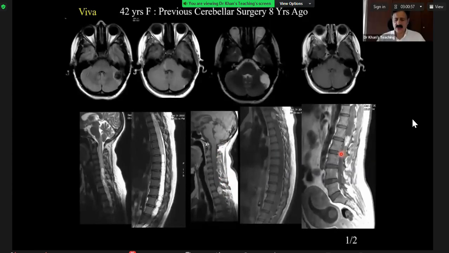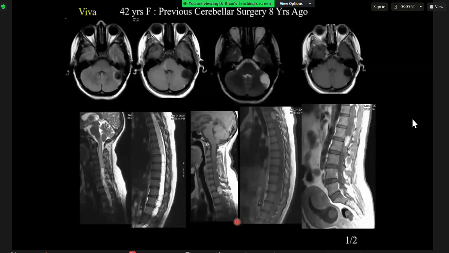Okay. So I can see on the top left of the screen there is a low T1 signal intensity at the periphery of the left cerebral hemisphere. It's not enhancing on post-contrast T1 images, while on T2 sequence it's showing hyperintense signal.